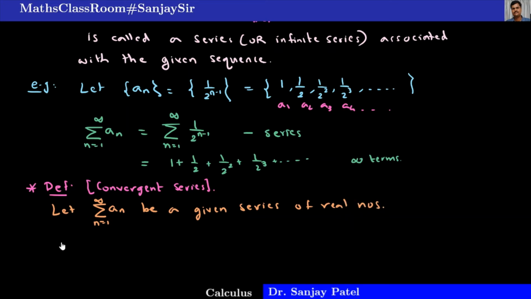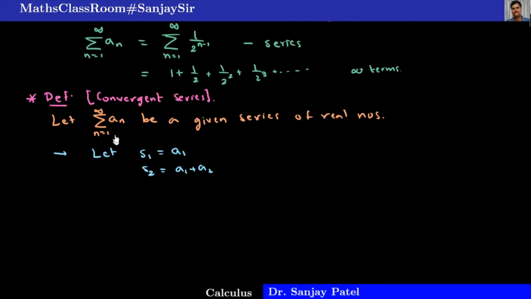Now we define S1 equal to a1. We define S2 equal to a1 plus a2. So what I'm doing is defining another sequence with the help of the sequence a_n.